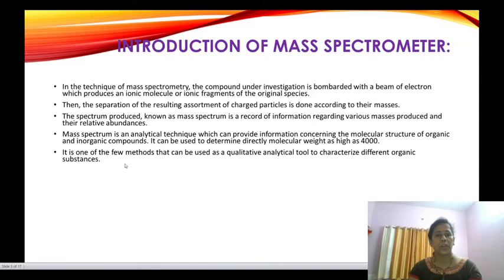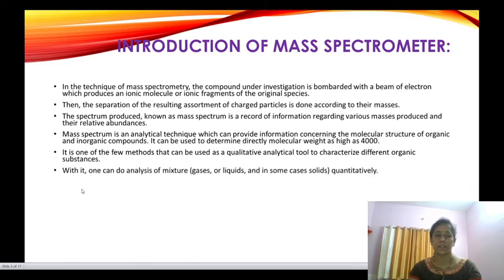Mass spectroscopy is one of the few methods that can be used as a qualitative analytical tool to characterize different organic substances. With this, one can do the analysis of mixtures such as gases or liquids, or in some cases solids, also quantitatively.